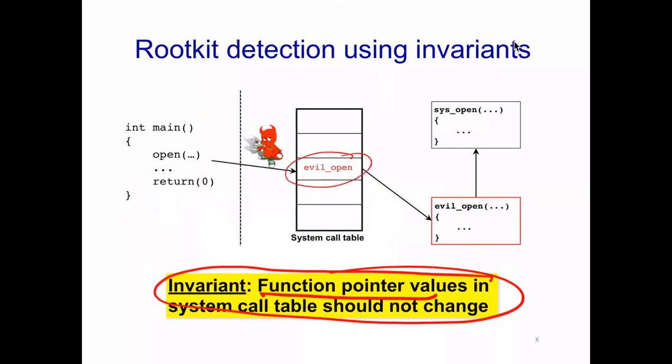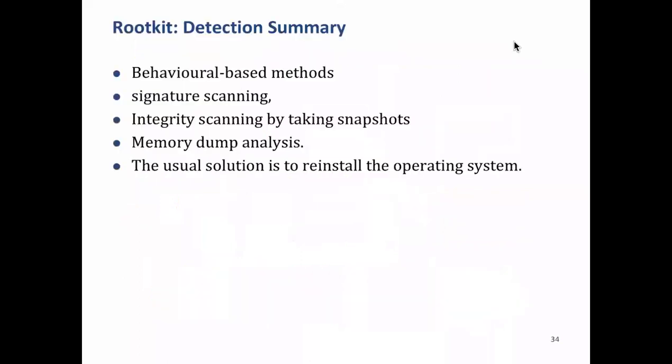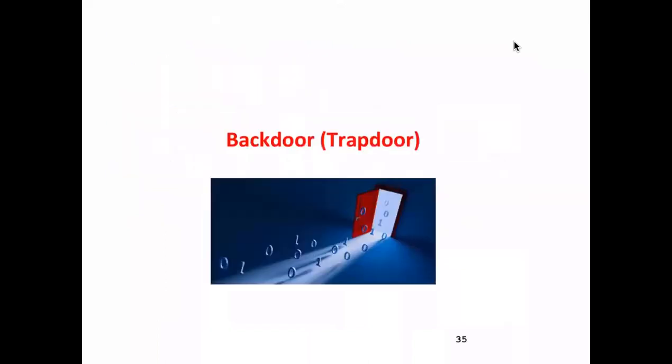This value, which was initially showing here, will never change. It's static. If it changes to this one, this activity monitor will find it out. So for rootkits we use behavioral-based methods, signature scanning, and so on.